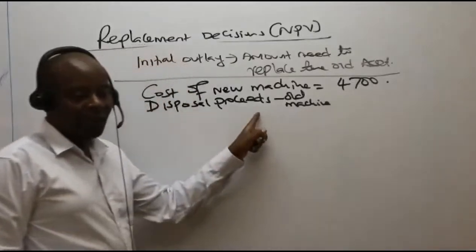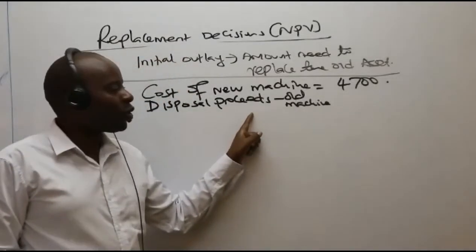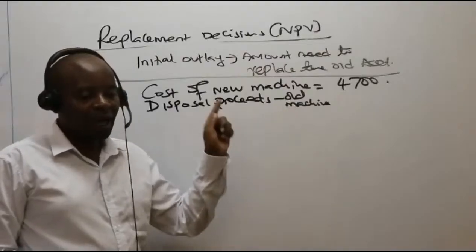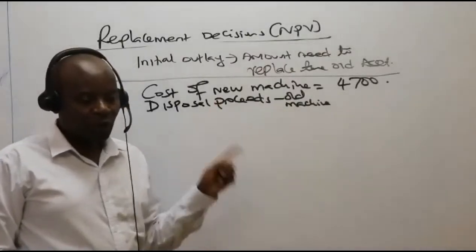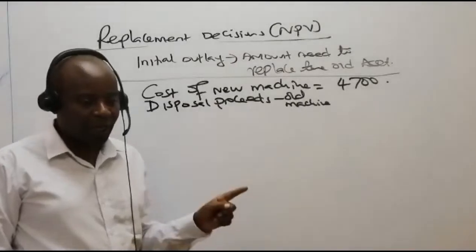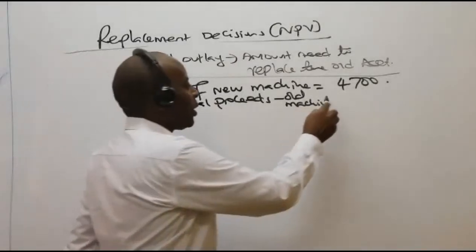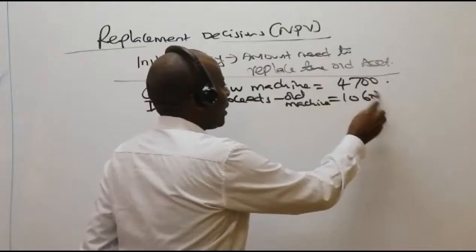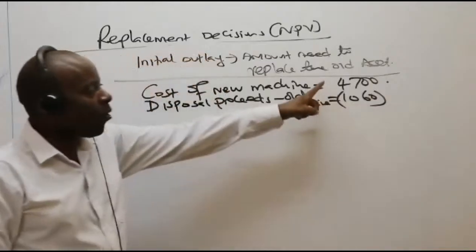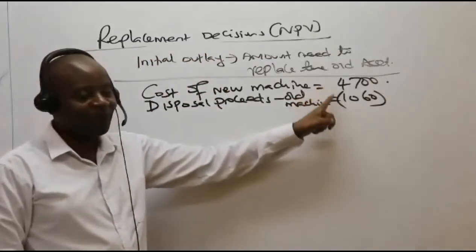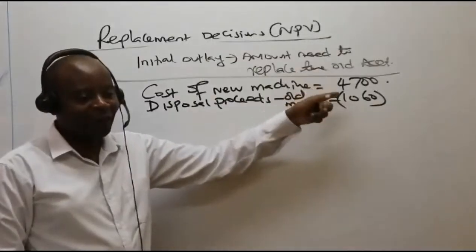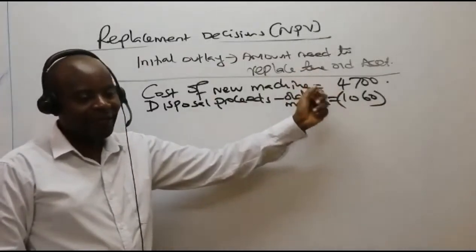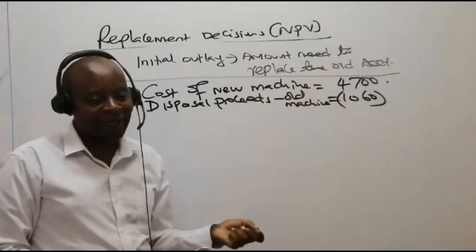This will make my life a little bit easier. Disposal proceeds of the old machine, 1060. Of course, they have to go in opposite directions. The moment you take the cost to be positive, then the disposal proceeds revenue has to be negative.